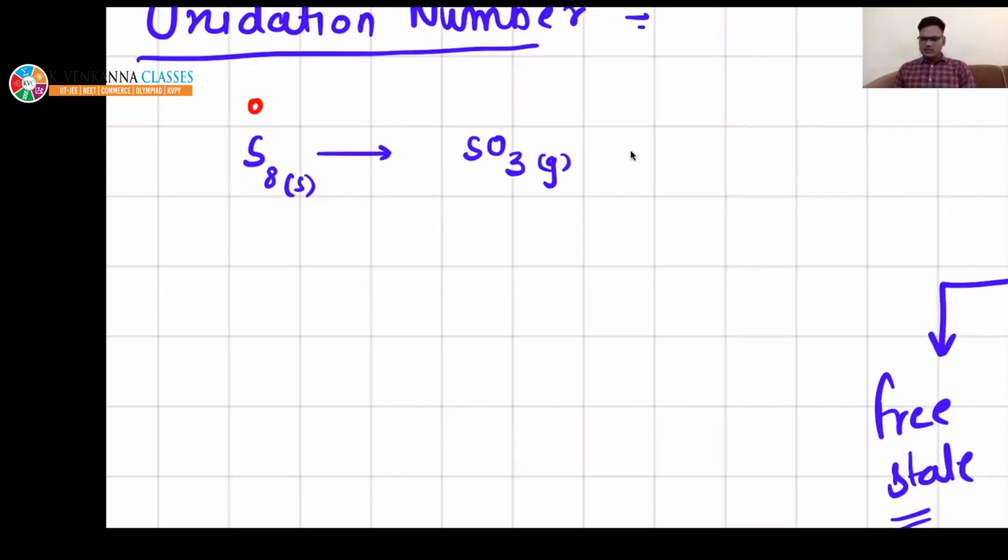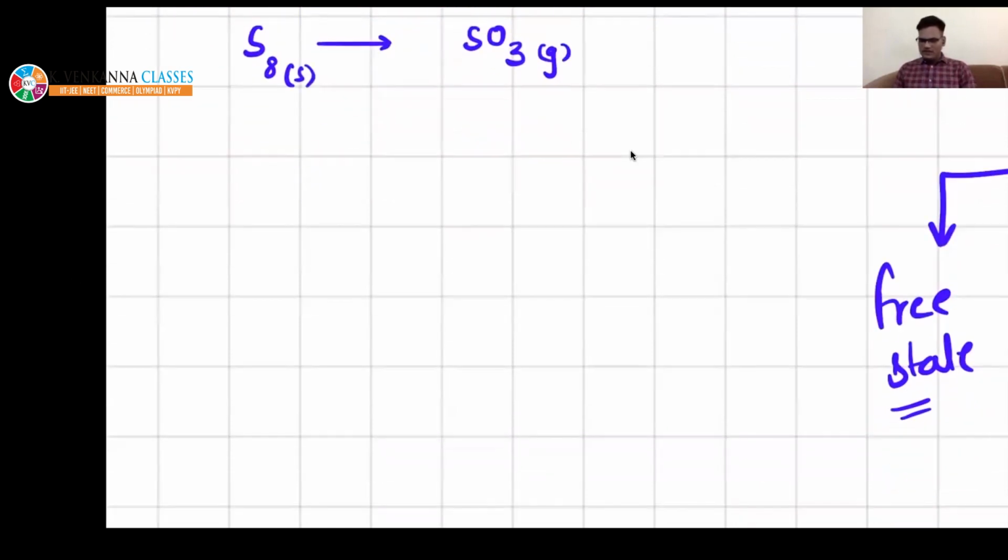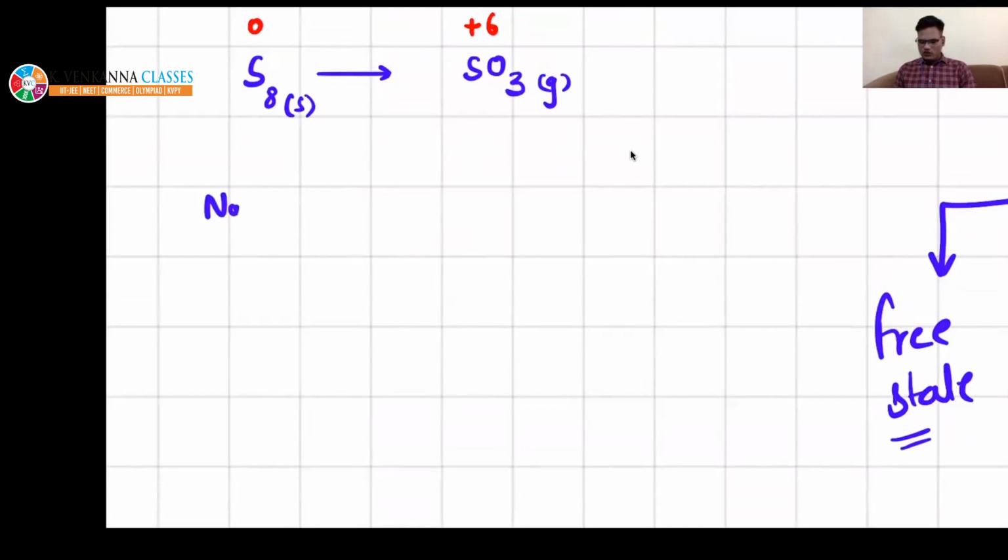For now, I am telling you that if you want to check the oxidation number of sulfur in this compound, it will be 6. We have studied in the initial part that to form an Na plus ion, you need to lose one electron.